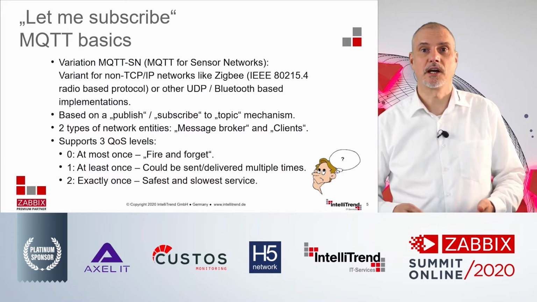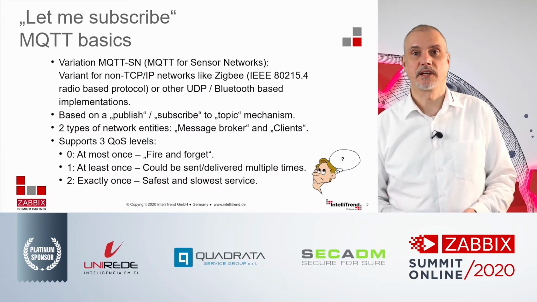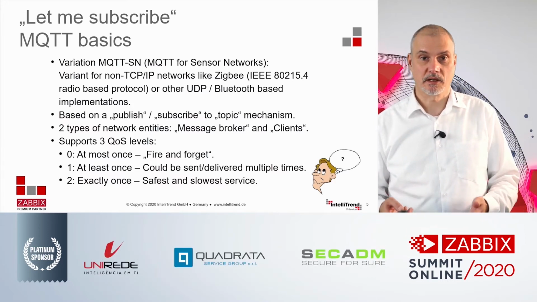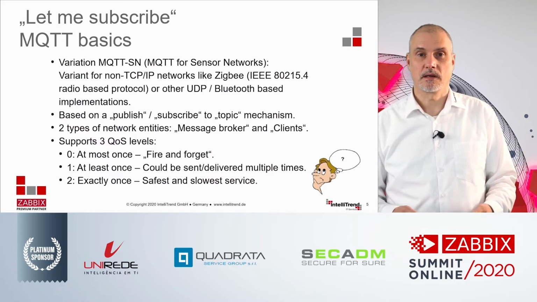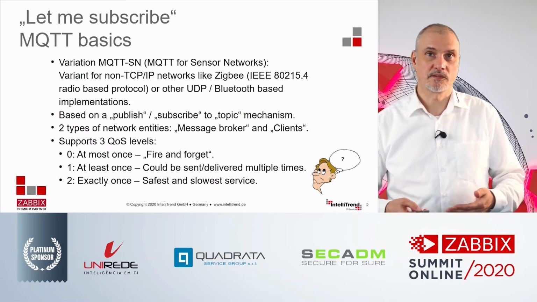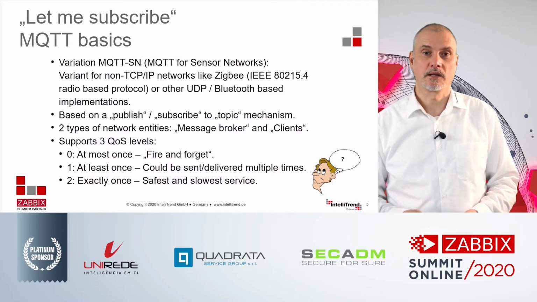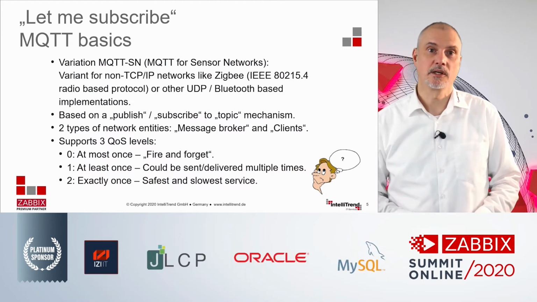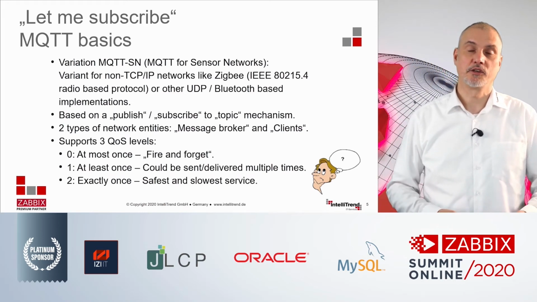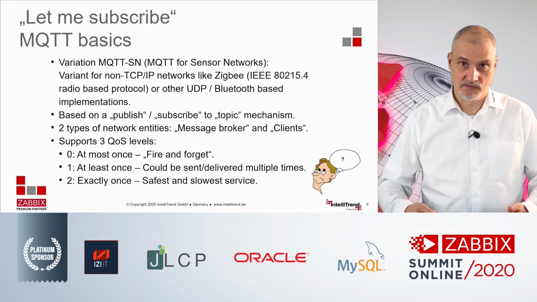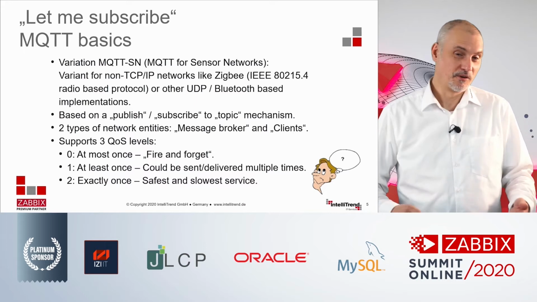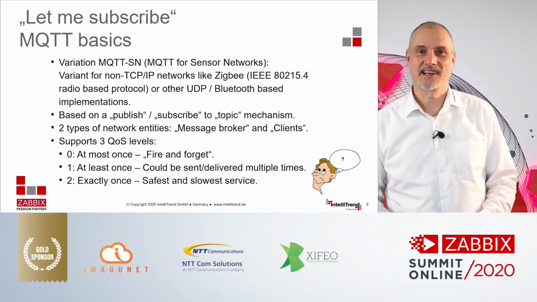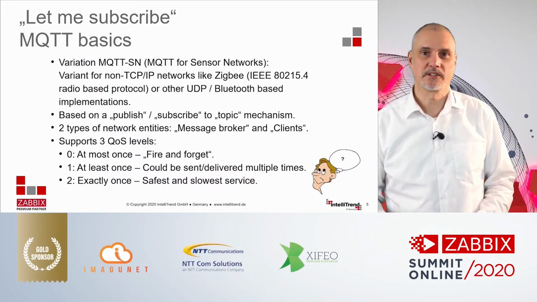There are actually two types of network entities available, message broker and clients. Also, MQTT supports 3 levels of quality of service. Level 0, which I call fire and forget, means simply you might receive the message, or you might not receive the message. It's as simple as that. There's no guarantee of delivery.